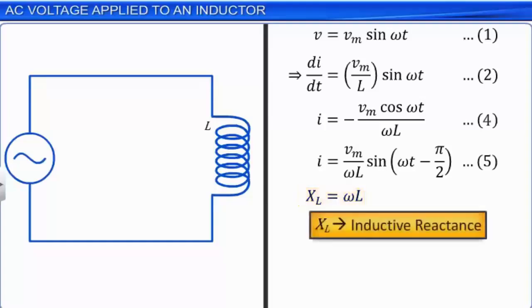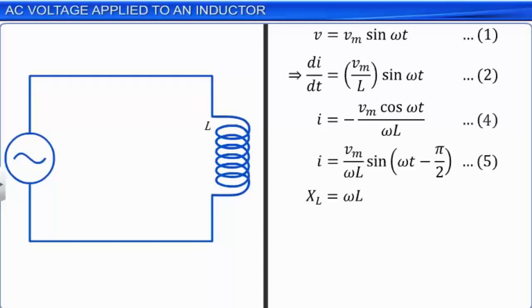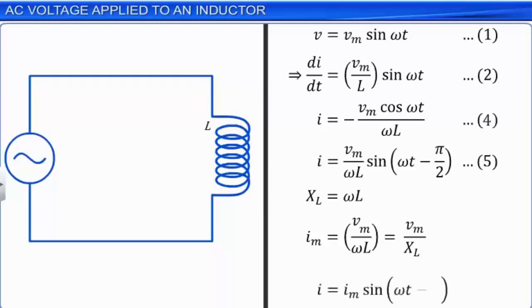We get the amplitude of the current, Im equal to Vm by omega L or Vm by XL, since we know it to be the maximum current value attainable. Hence, equation 5 now becomes I equal to Im sin omega t minus pi by 2. Let this be equation 6.